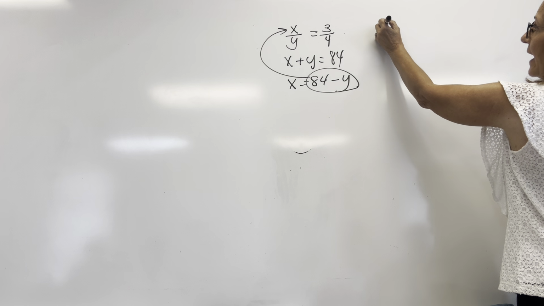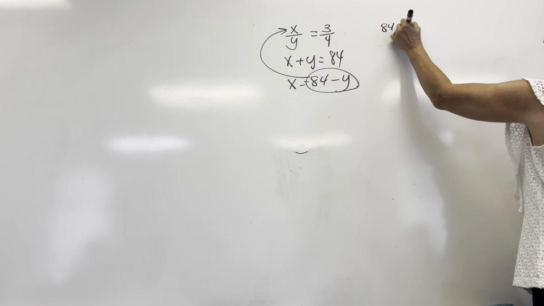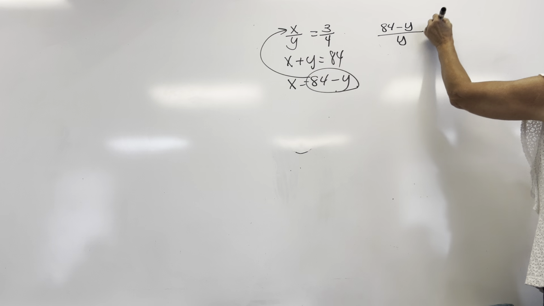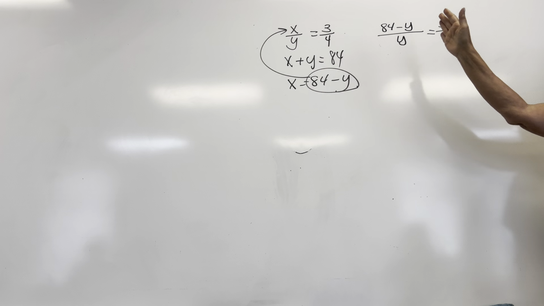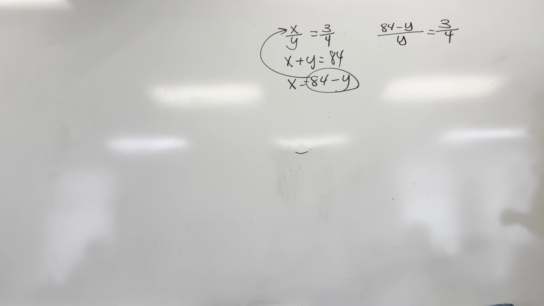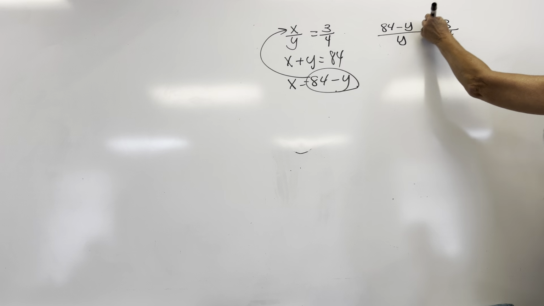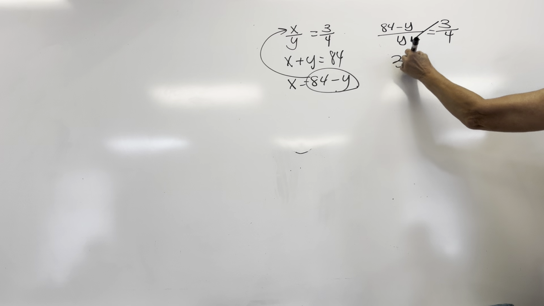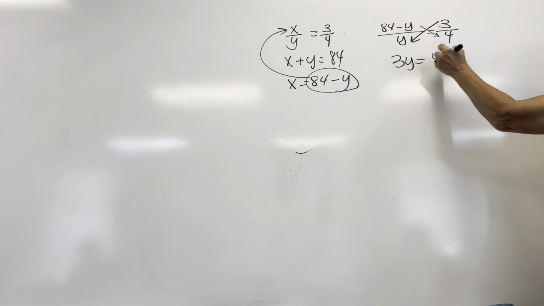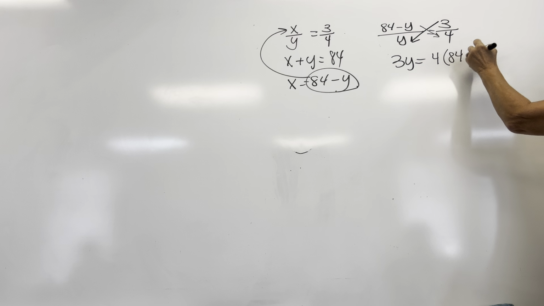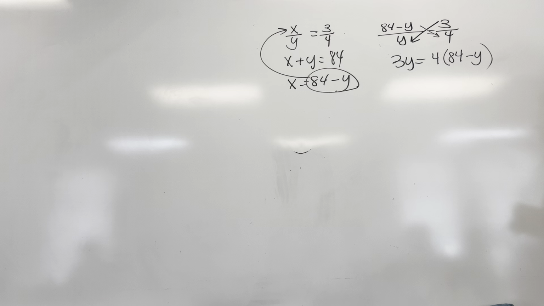All right, so then we have 84 minus Y over Y is 3 over 4. I only have one variable in the equation. Now I can solve, and I do so by cross multiplying. So that's 3y. When I cross multiply this way, it's 4 times the entire value of the numerator.